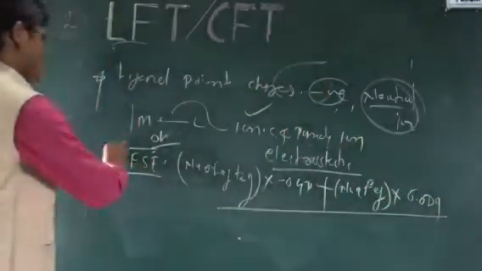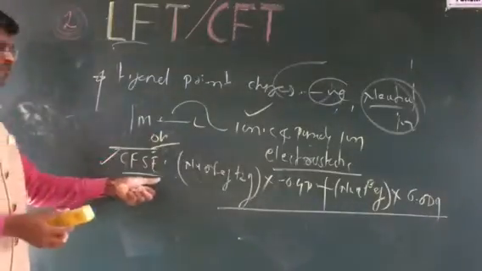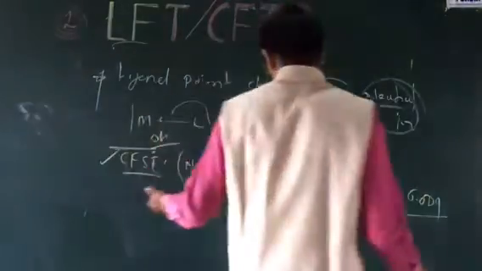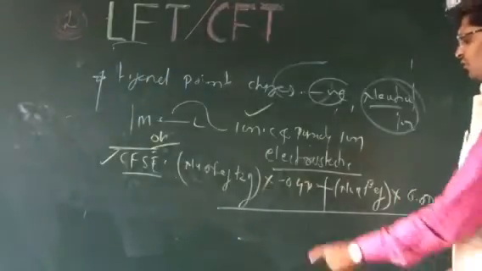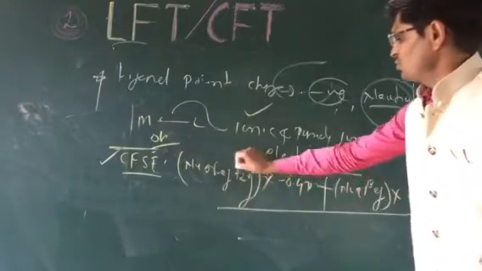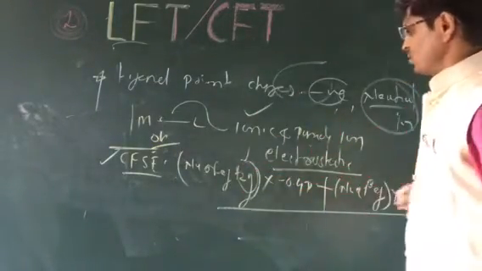This is the crystal field stabilization energy for the octahedral. For the tetrahedral, there are eg and t2g levels.